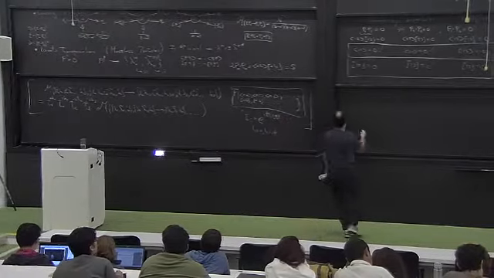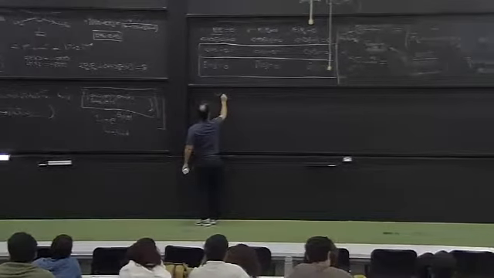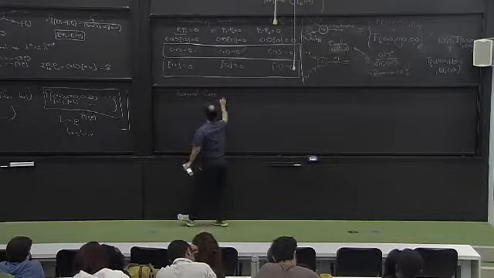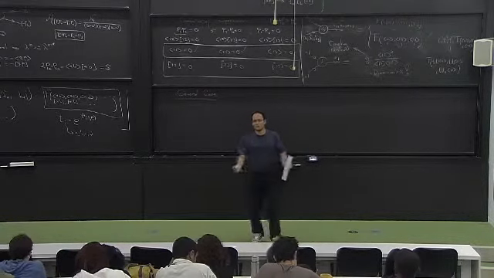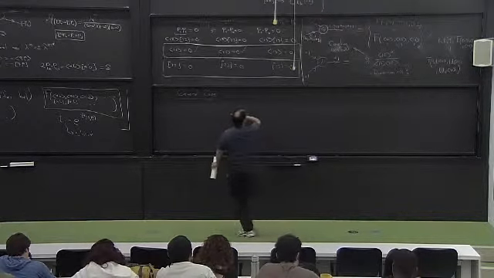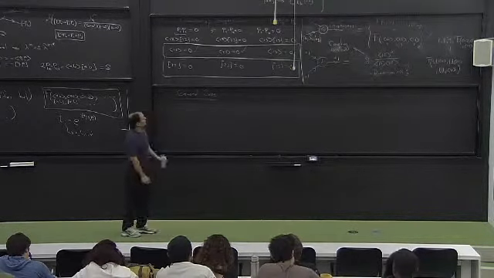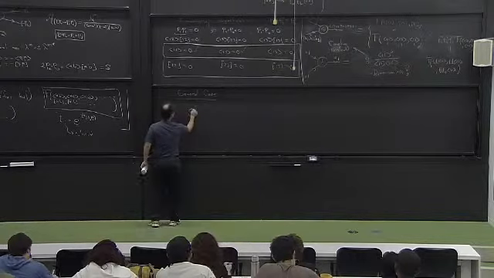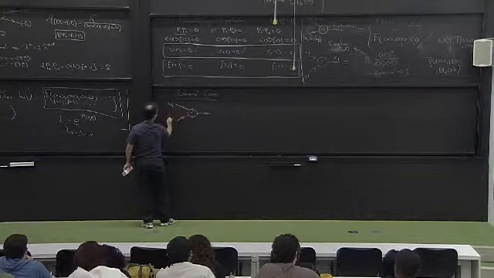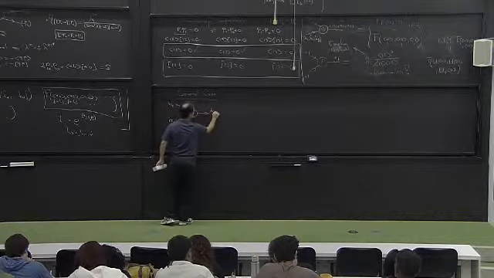Okay, so we're ready for the general case. So note what we're about to do. We're about to compute an infinite number of amplitudes. How nice is that? So we have H1, H2, and H3.